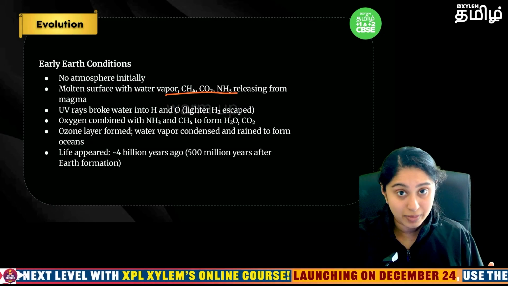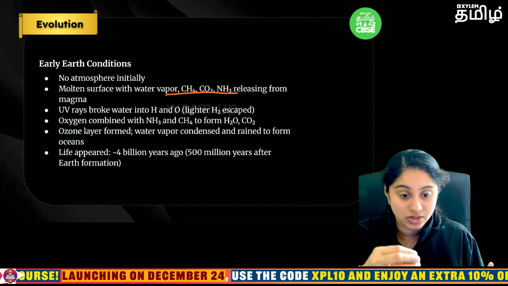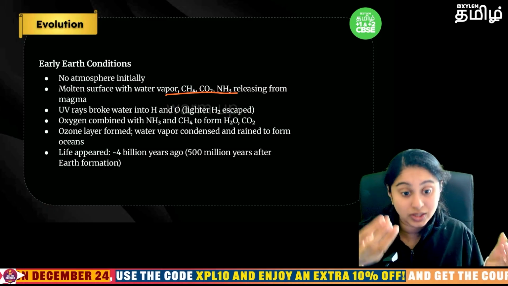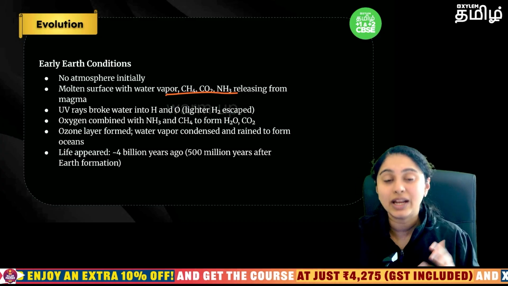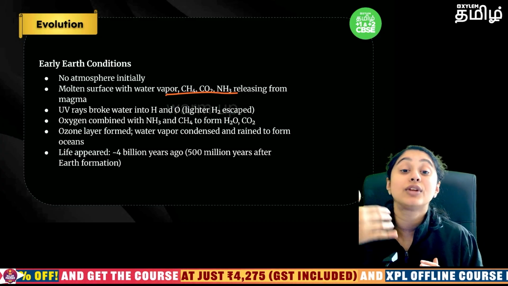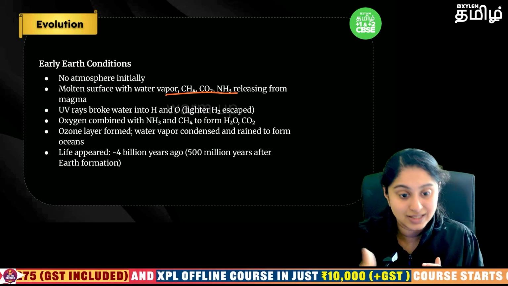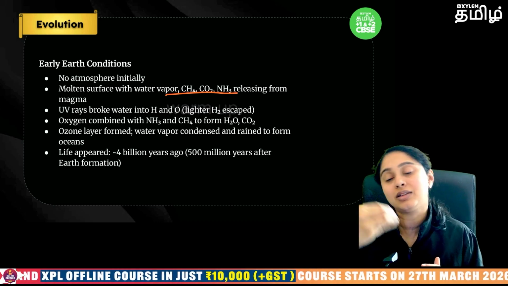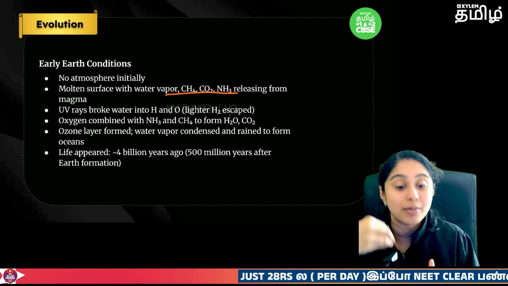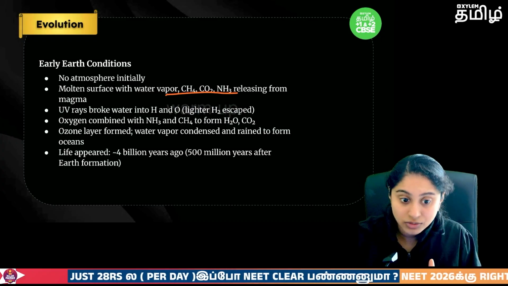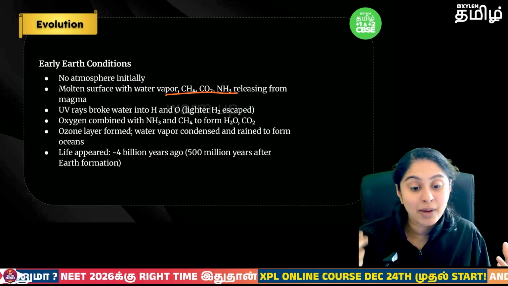UV rays were coming in, and we believe the UV rays broke the water vapor into hydrogen and oxygen, so from the water vapor the oxygen started to release. Then slowly it combined with other gases and formed carbon dioxide, and other water vapor molecules and other gases slowly came up from there.